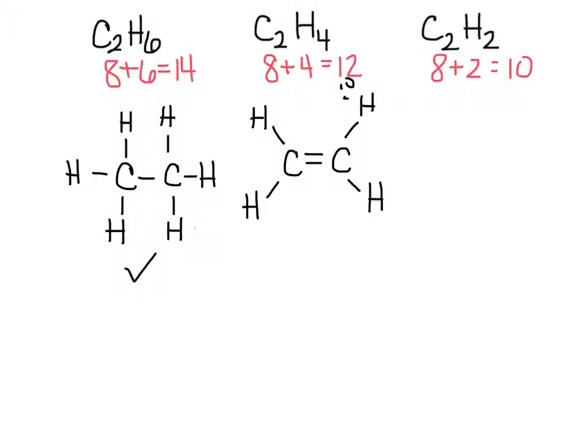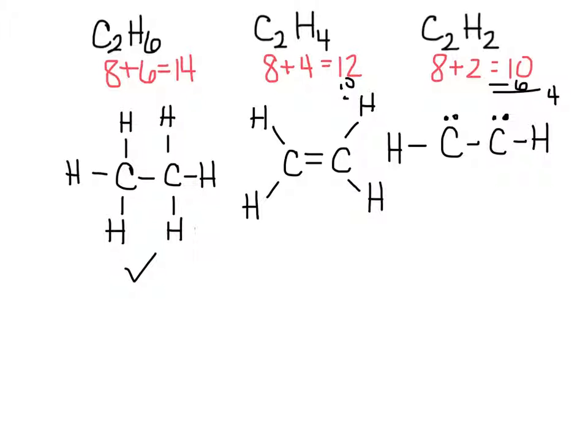Let's look at our third example. I think you kind of see what's going to happen here. Again, we're going to connect our carbons, and here's our hydrogens off to the side. This time we've placed 6. We have 4 more electrons to place. Well, we could do this and give each of our carbons 2, but if we do that, each of our carbons now only has 6.